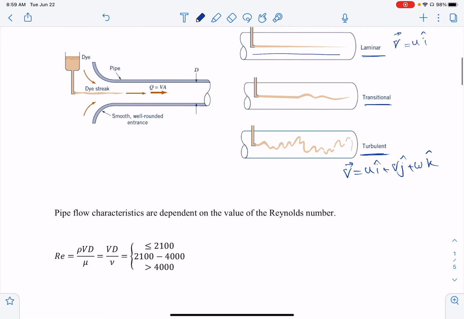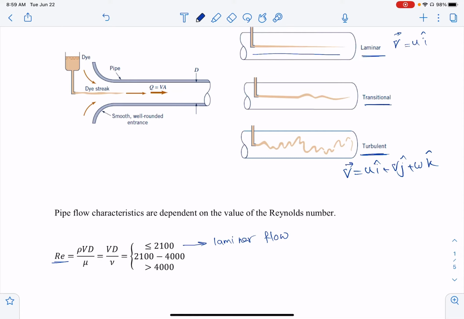So also we can use the Reynolds number, which is rho V D over viscosity. If we use that Reynolds number, we can characterize the fluid flow. If the Reynolds number is less than 2100, the flow is going to be laminar.